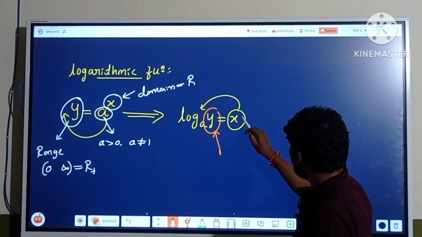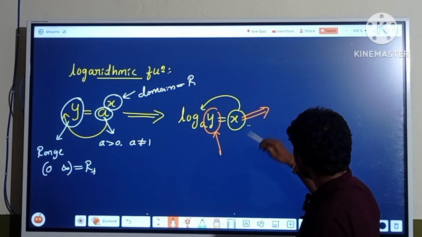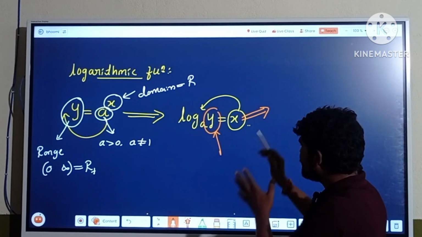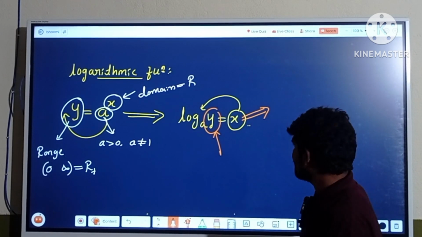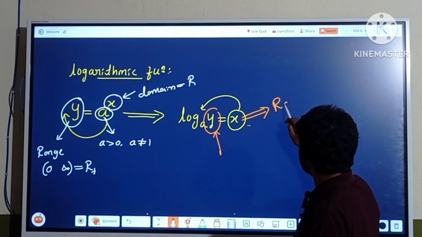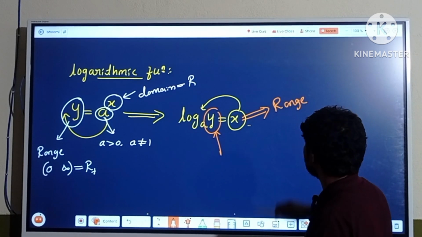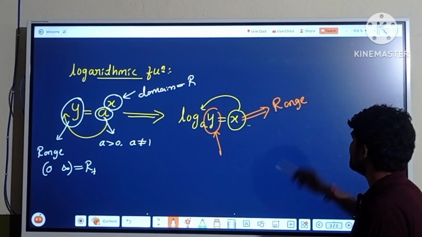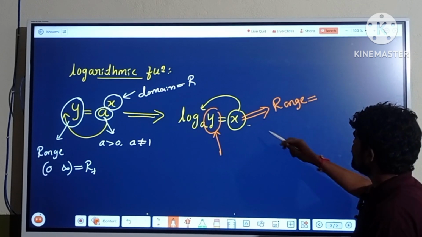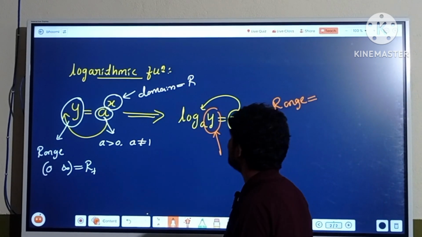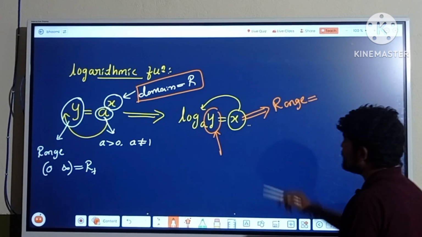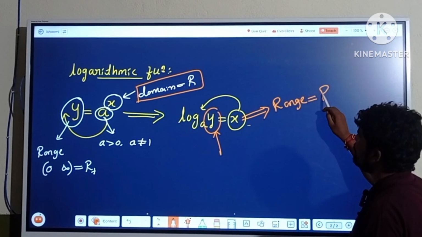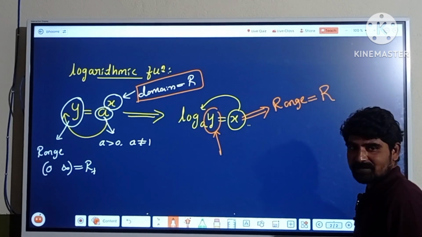So when x is the output of the logarithmic function, it should be equal to the input of the exponential function. The set of output values is called the range of the function, and what is the range of this logarithmic function? It is nothing but the domain of the exponential function.